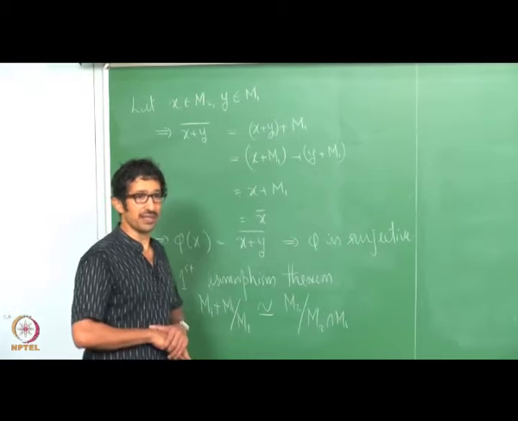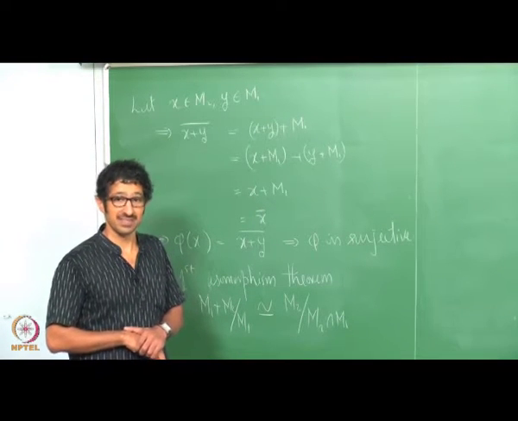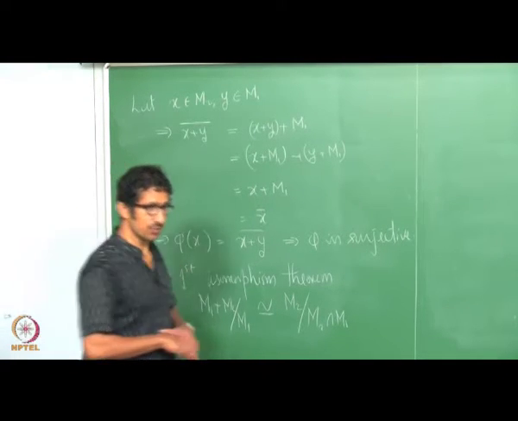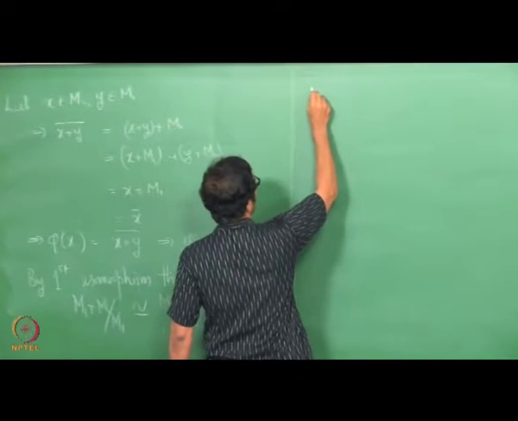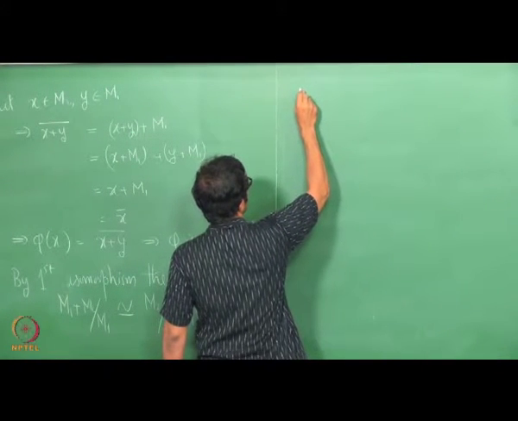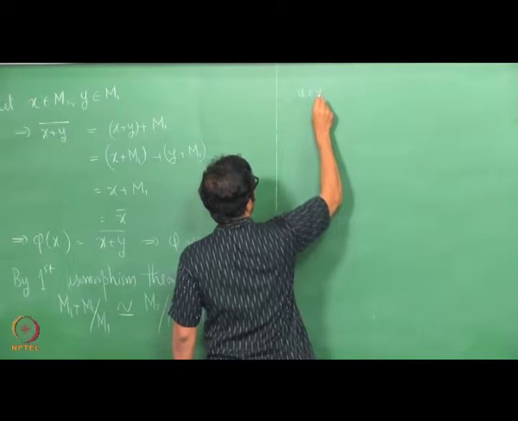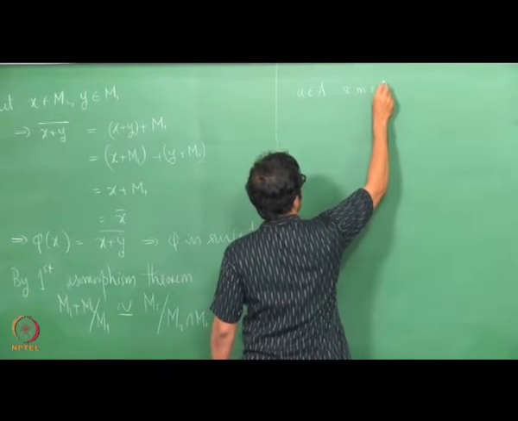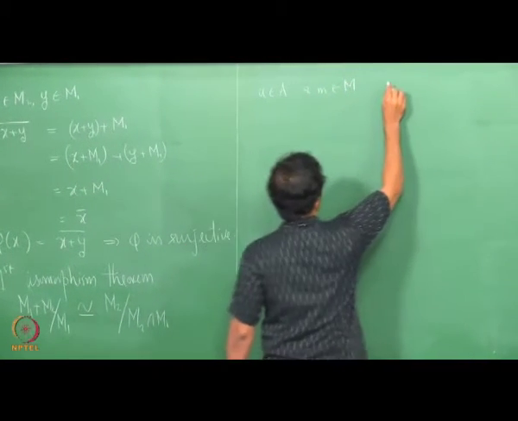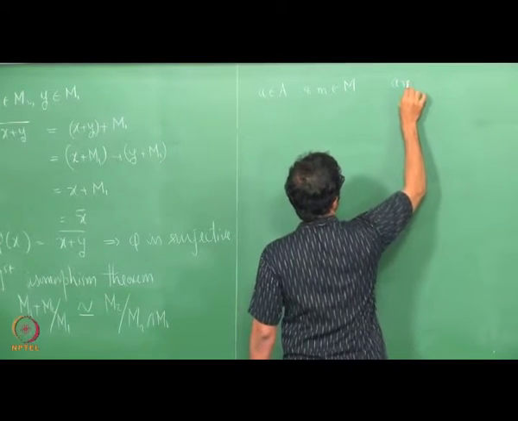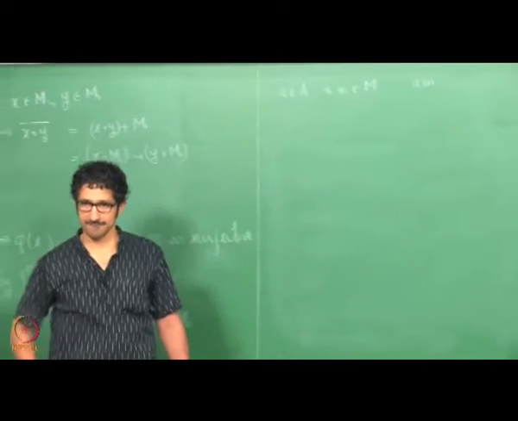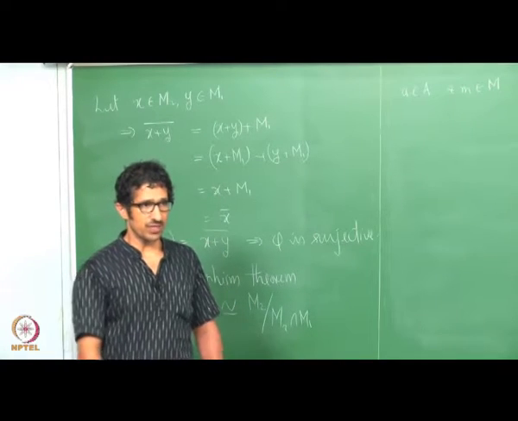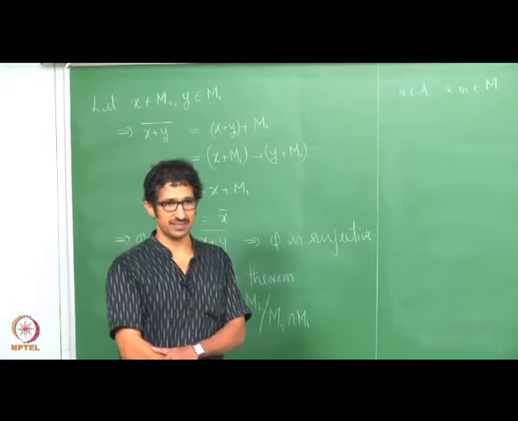We have a product. What kind of product? Scalar multiplication. So, for any a in A and m in M, am is well defined. So, what kind of product can you think of in this case?